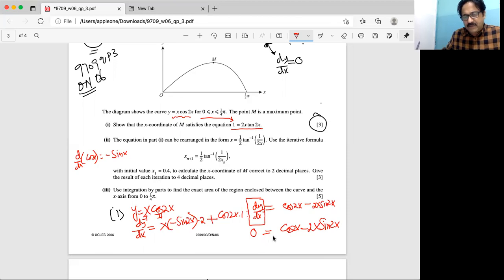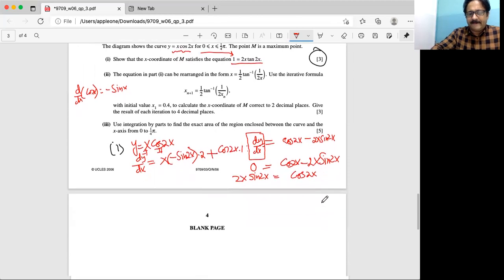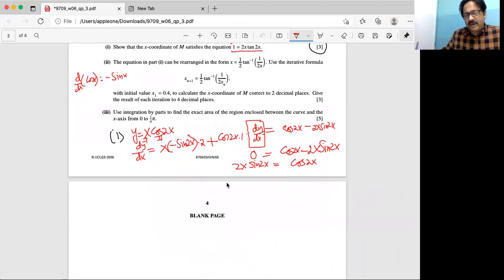Now we can bring this term across: 2x sine 2x is on one side, and cos 2x remains there. So I can also say cos 2x is equal to 2x sine 2x.